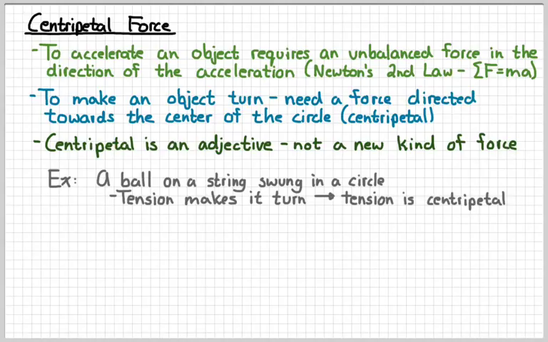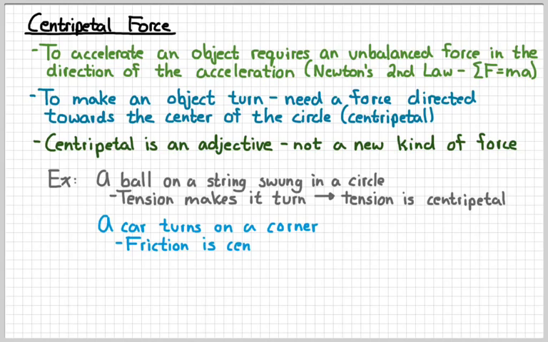In a lot of problems, the first step is going to be to realize what force is acting as a centripetal force. Another example, a car turning on a corner, something that we do all the time. The force that keeps the car in contact with the road, keeps it from going in a straight line, would be friction. So in this case, friction is centripetal.